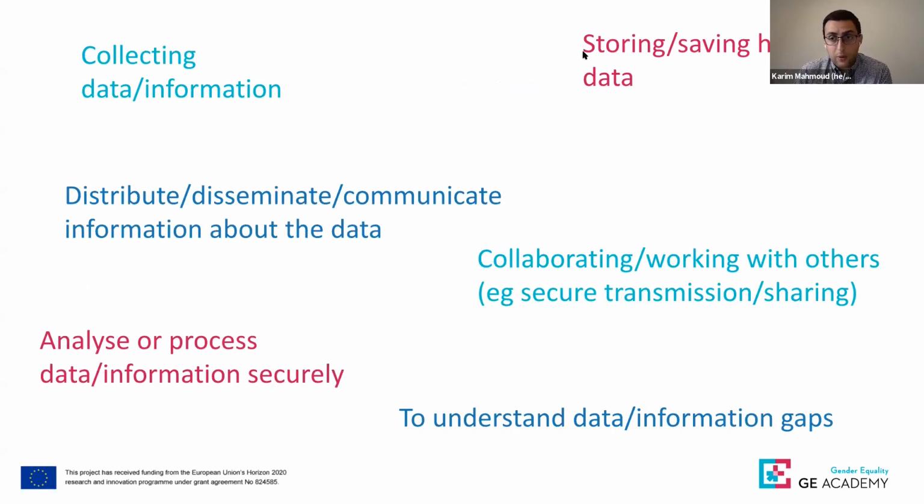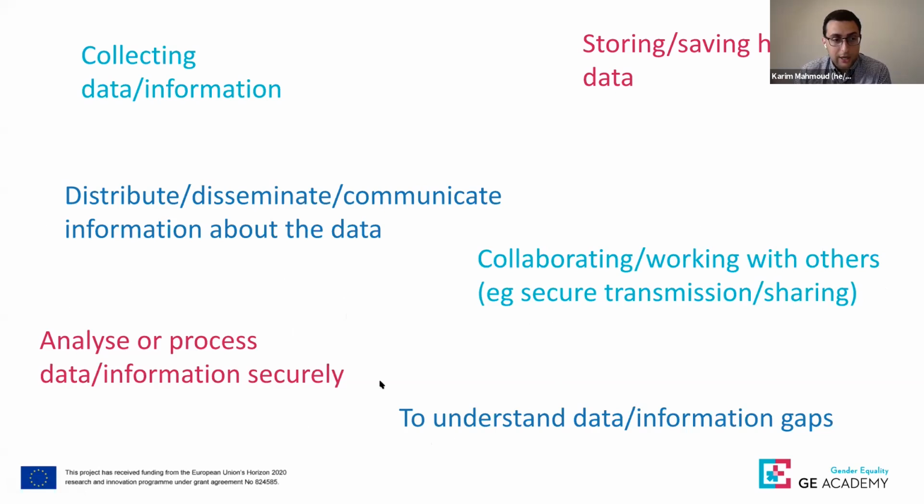So storing and saving that historic data is important, collecting it in the first place. You might need to collaborate with others in order to obtain it. So you need to be concerned about secure transmission. You might need to disseminate it or distribute summaries to other people or produce briefings and reports so that they can understand better the situation.